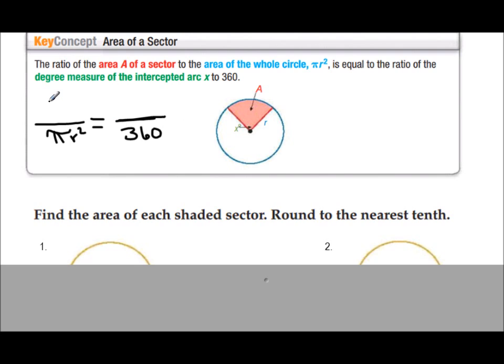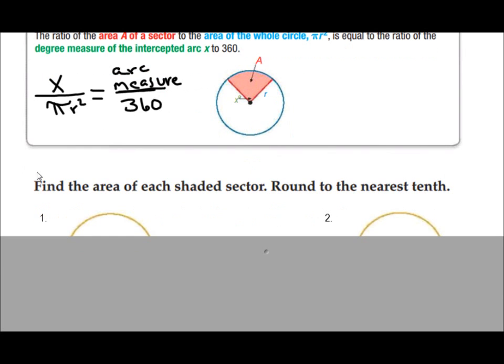So the area of your sector, which we call x, is going to be proportionate to the arc measure out of 360.